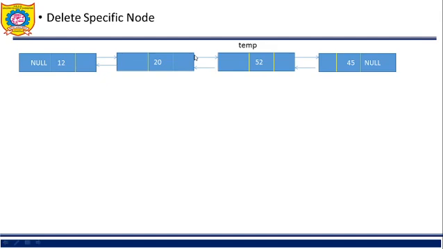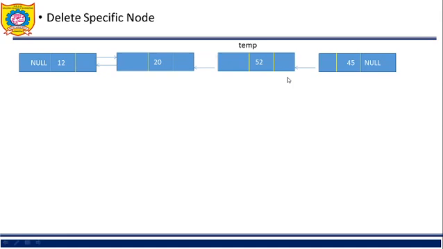Temp previous next is equal to temp next, and then this node's previous is 20. So how? Temp next, that is 45, temp next previous is equal to temp previous. So there is no connection now between this 20 and 45 of temp. Now we can delete temp.